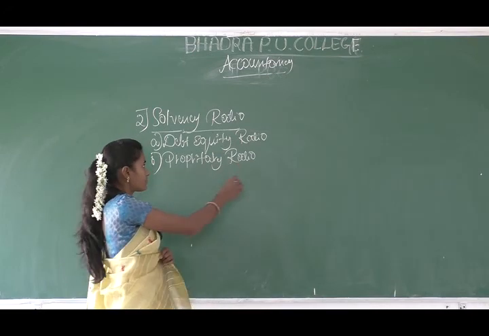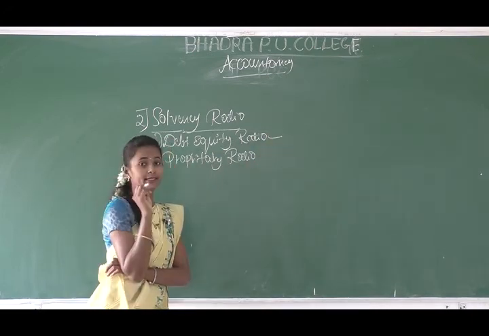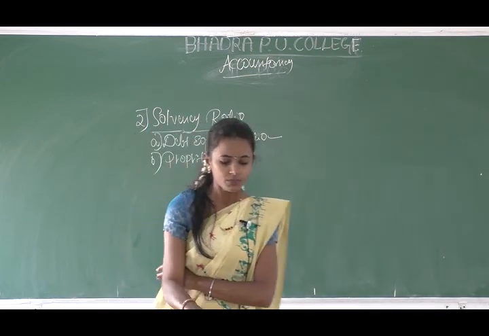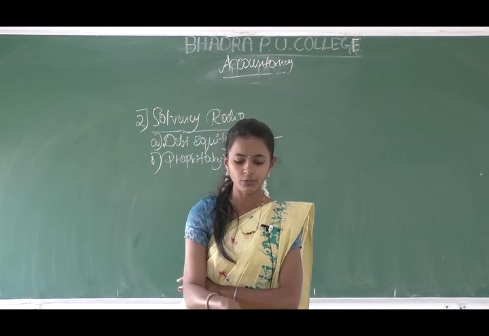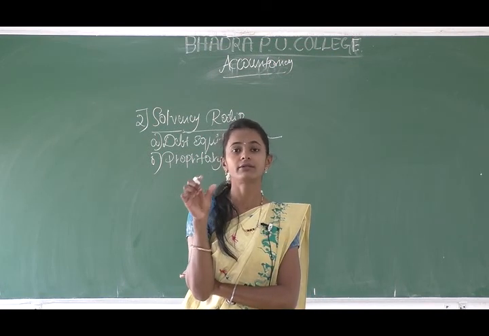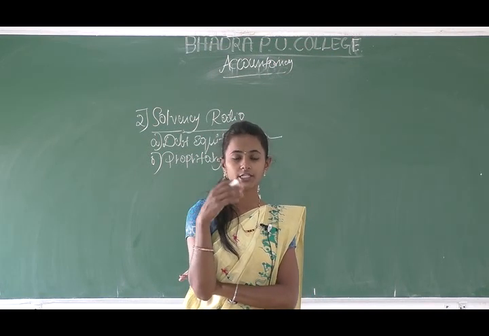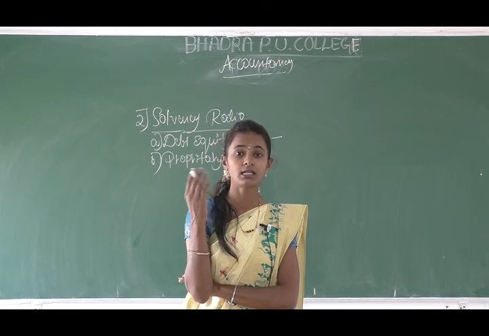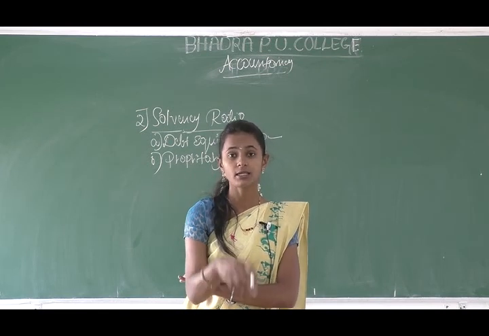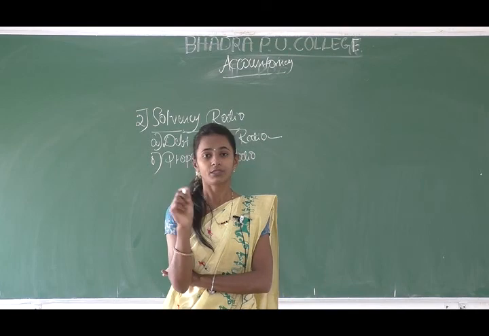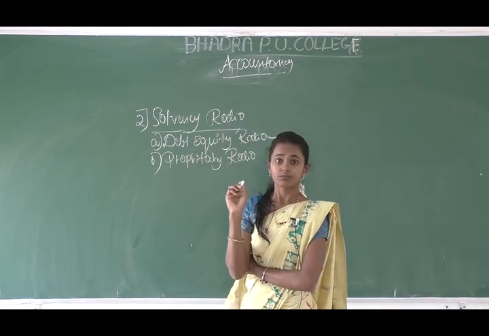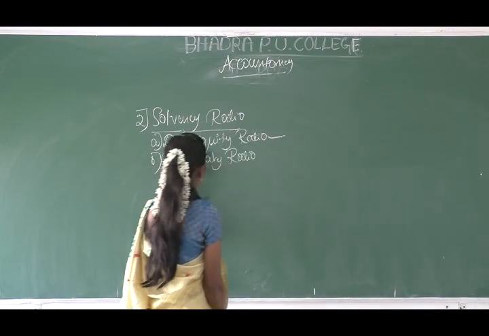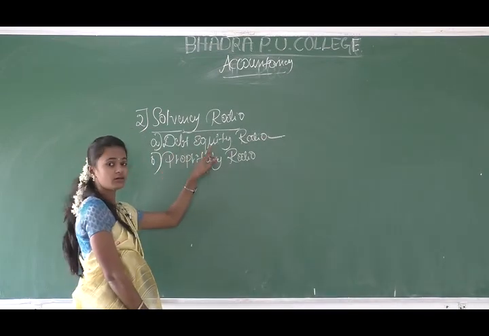Coming to the first one, the debt equity ratio measures the relationship between long term debt and the equity. The ratio which measures the relationship between the long term debt and the equity is called the debt equity ratio. The name itself mentions debt and equity.